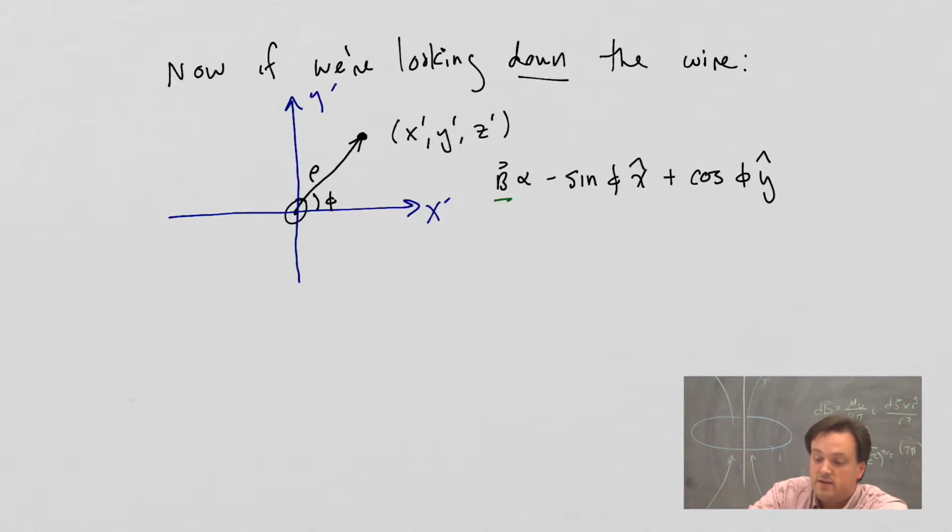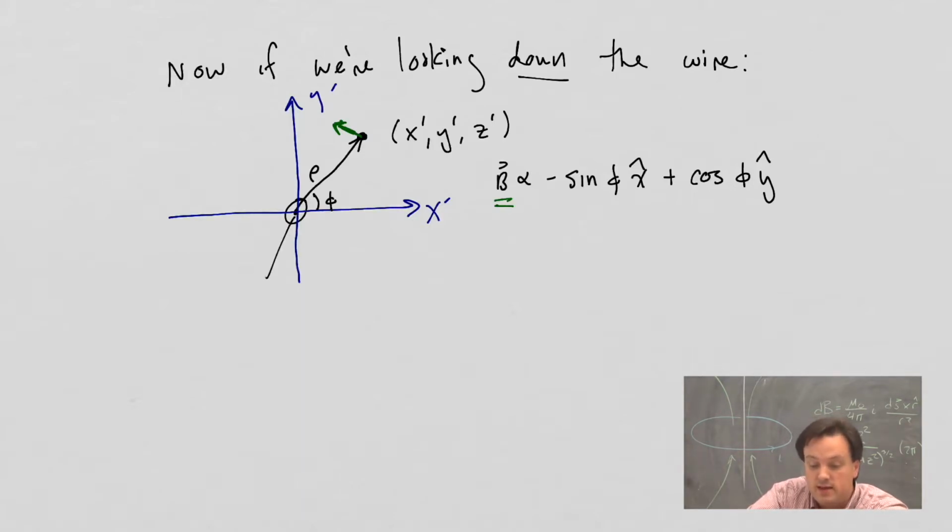Therefore, the magnetic field B is actually pointing tangent, or perpendicularly, to the r vector, and it's pointing left and upward.